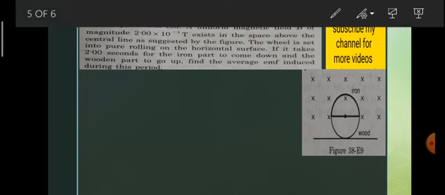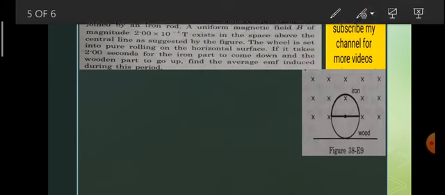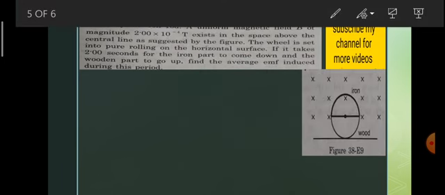Okay, so let's understand this question. In this question, you are given a circular wheel of radius 10 centimeter. Upper half part is made up of iron and lower half part is of wood. And two junctions are connected by an iron rod.